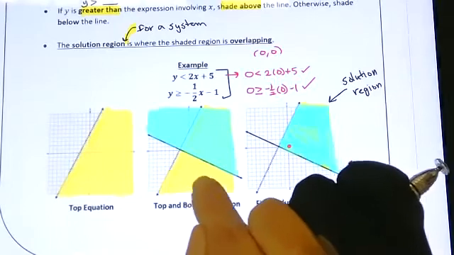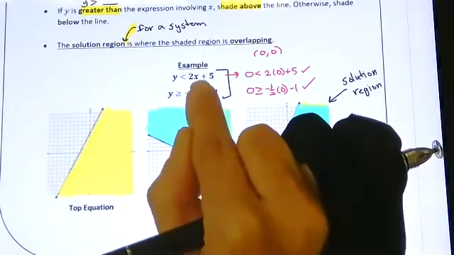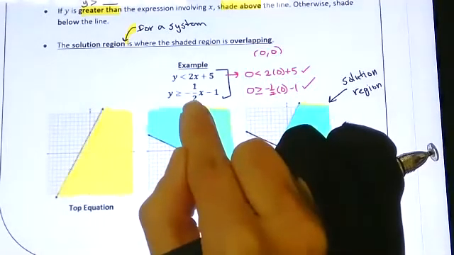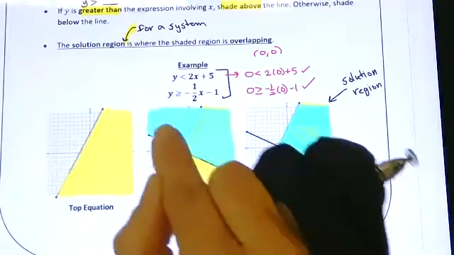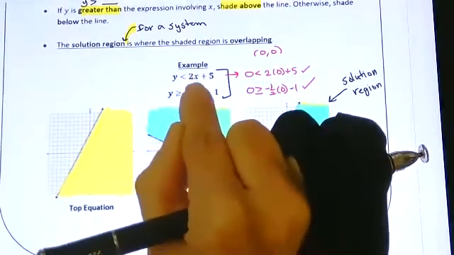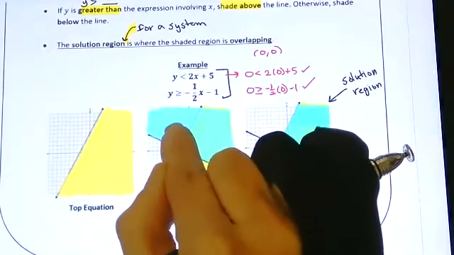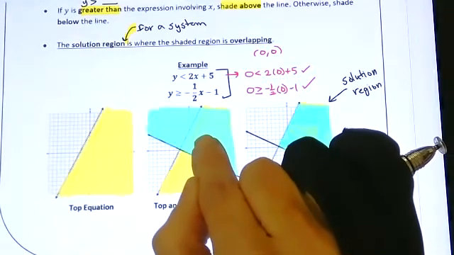If I substitute a point in from the yellow region down here, the first one would be true, but the second one would be false. That's why this is not a solution. It's only a solution to the first one. Up here, the teal color would be the first one is false, but the second one is true. This is what we're looking for. This is the region where they are both true.